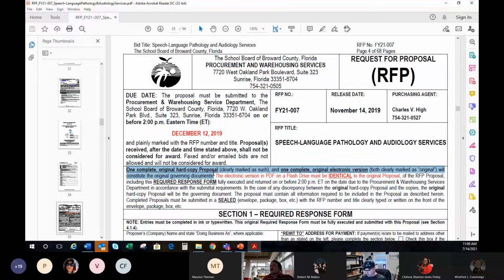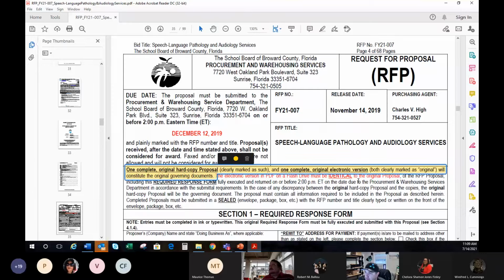So what you would do is use a flash drive to download your entire RFP, any attachments or whatever you're sending, that basically mimics the original hard copy proposal. So the electronic version should be in PDF on a flash drive and must be identical to the original proposal.